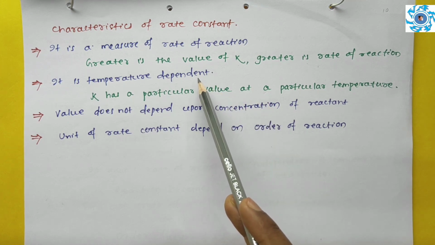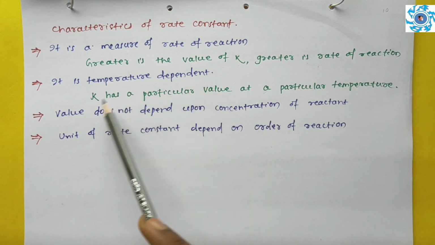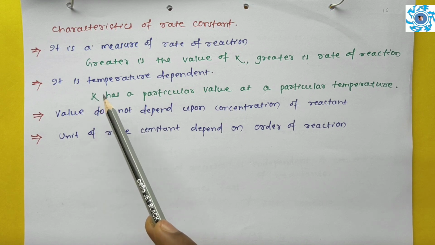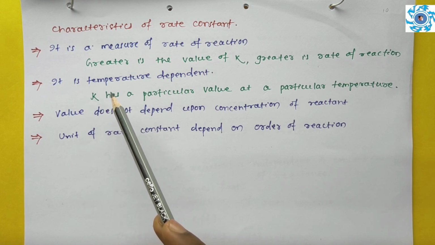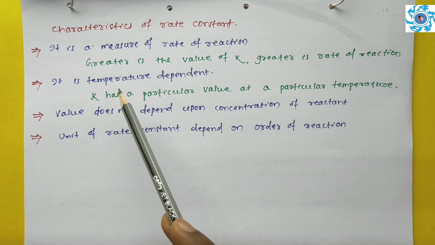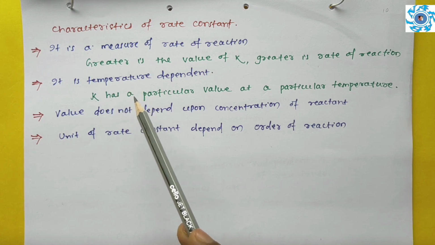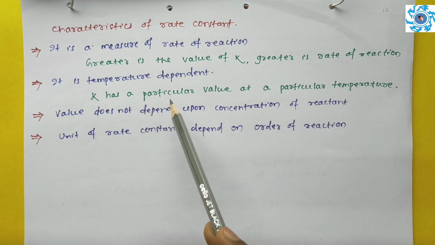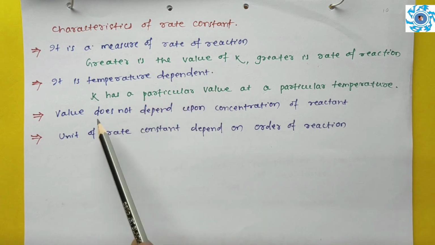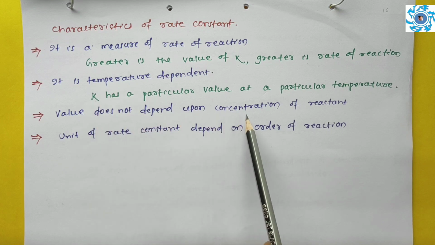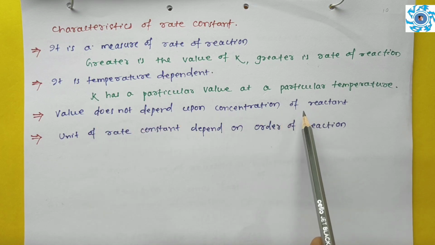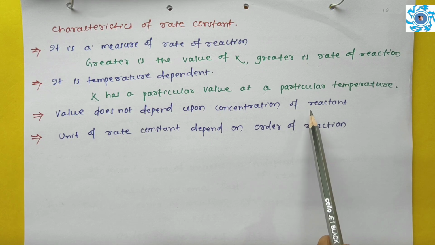If temperature changes, then the rate constant value also changes. You know, if the temperature increases by 10 degrees Celsius, the rate of the chemical reaction almost doubles. Next, the value of k does not depend upon the concentration of the reactant, but it is dependent on temperature.